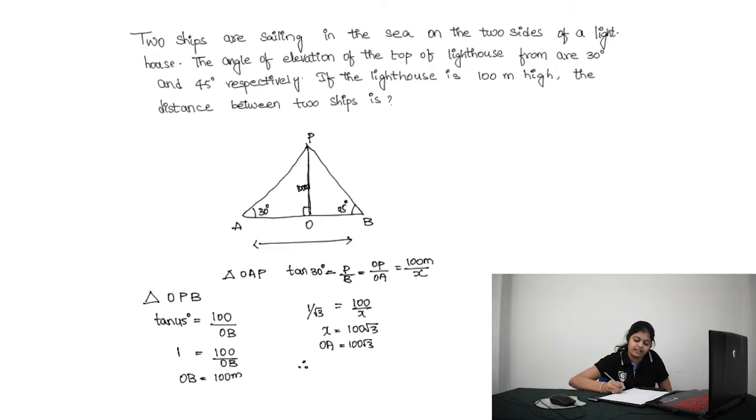Therefore, the distance is equal to OA plus OB, so 100 root 3 plus 100. If we calculate, the value will be 273 meters.